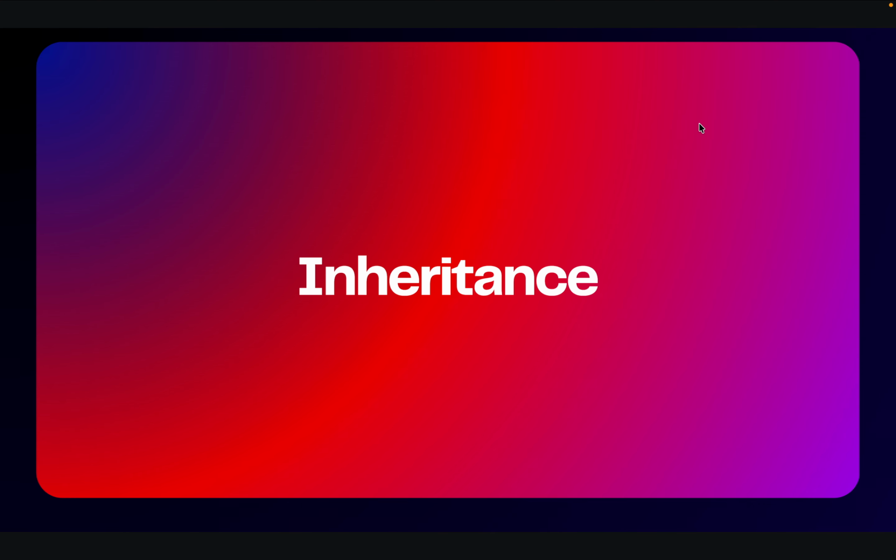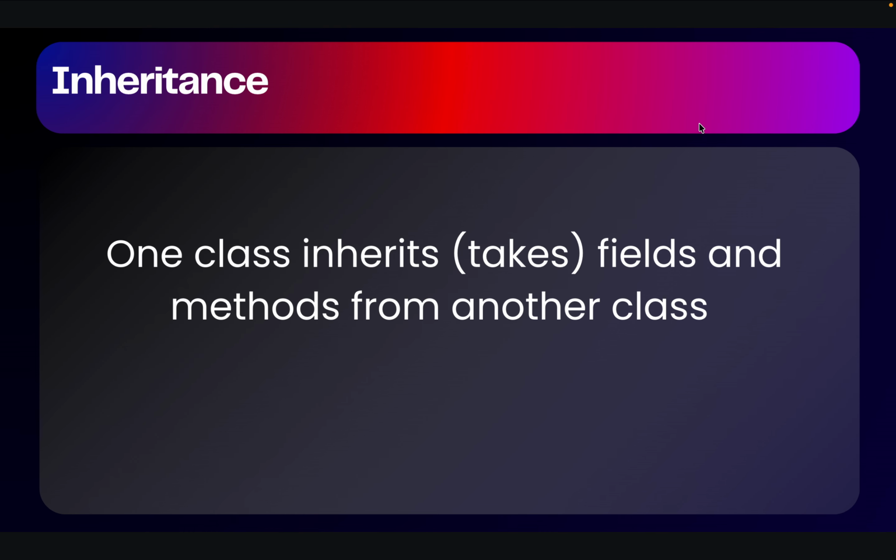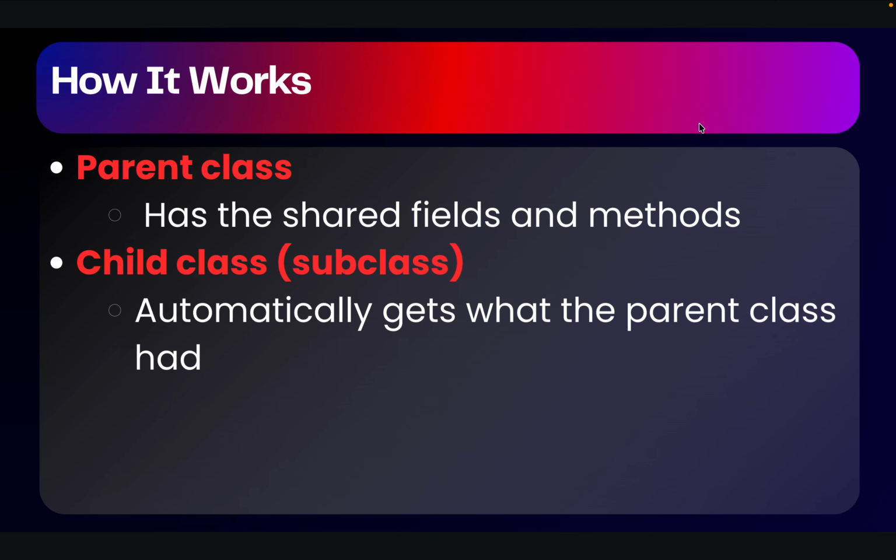So let's talk about what inheritance is and how this ties to that. Inheritance is basically when one class inherits, or just takes, the fields and methods from another class. How it works is, consider that you have a parent class.